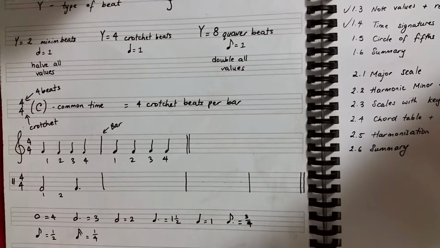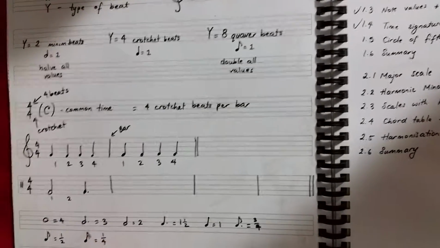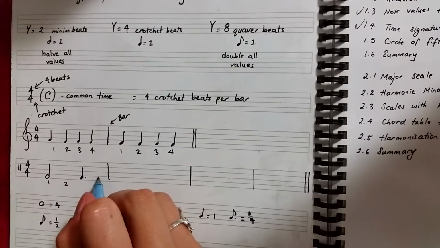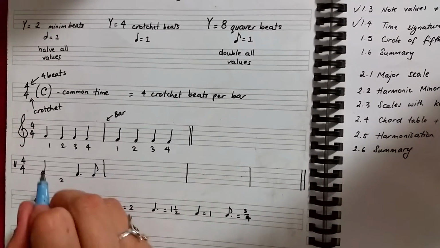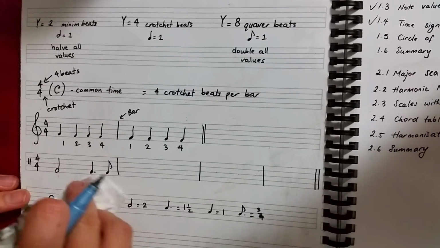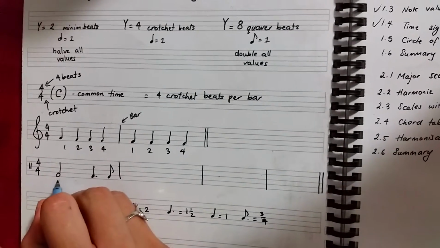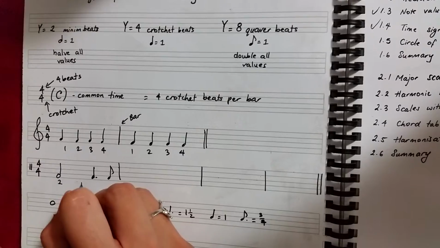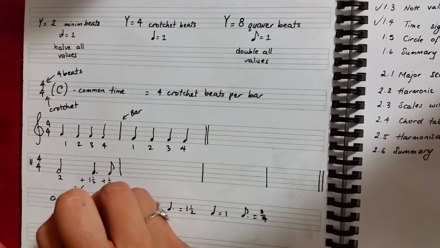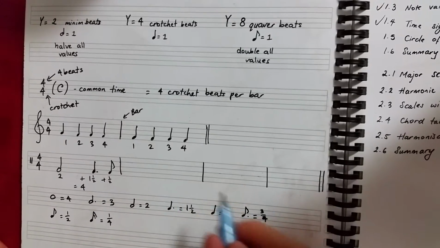So I've used up in total now 3.5 beats. All I have left is half a beat's worth. Okay, so let's rub this out. Gotta do a bit of basic math. So 2 plus 1.5 plus a half equals 4. I need to have 4 beats' worth in total.